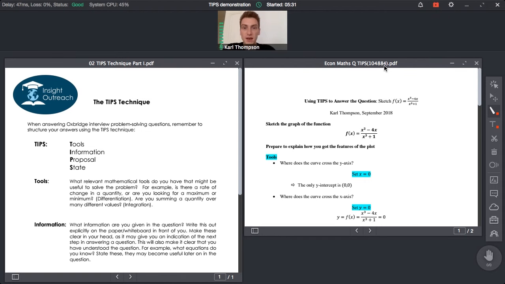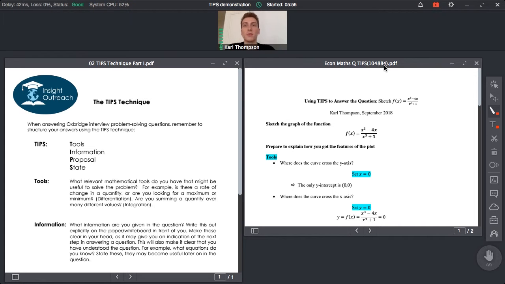So today I'm going to be going through an example of the TIPS technique, which we should apply to any problem-solving style questions, or specifically with the case of maths questions as well, to really talk through your thinking and to show that out loud rather than sitting in silence.